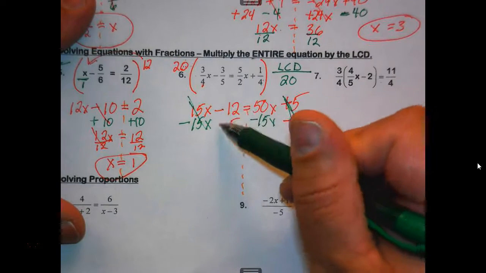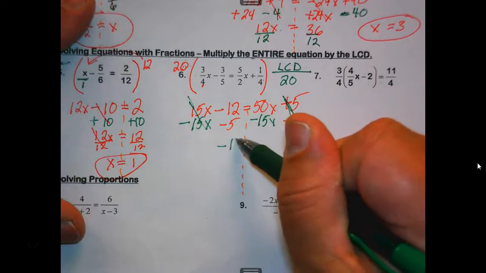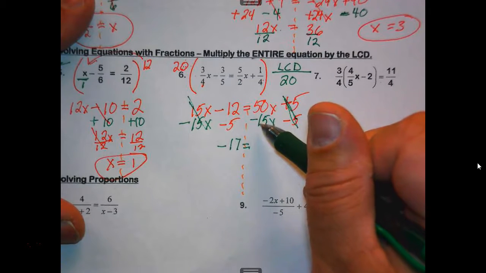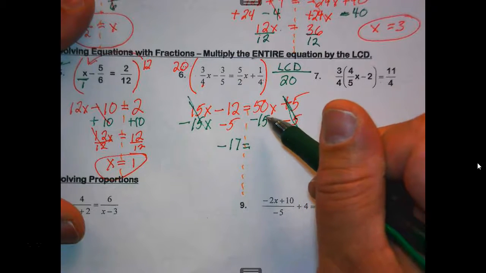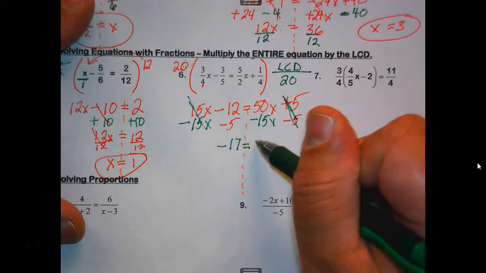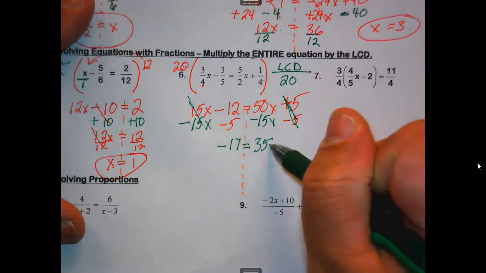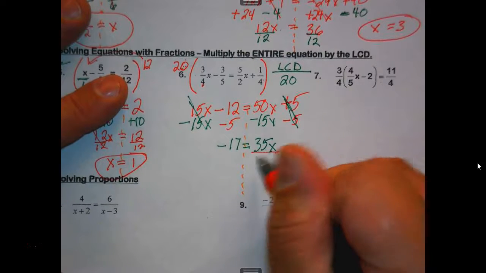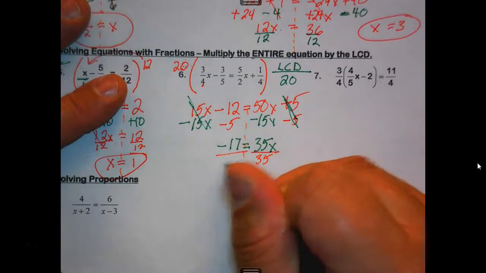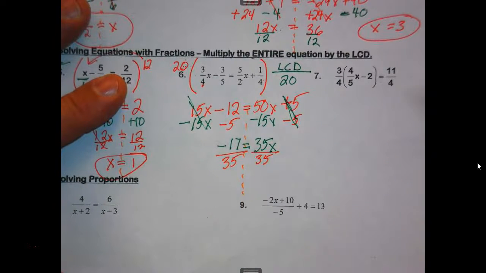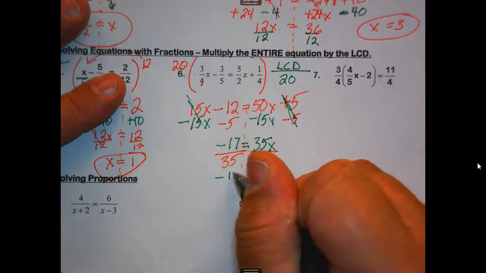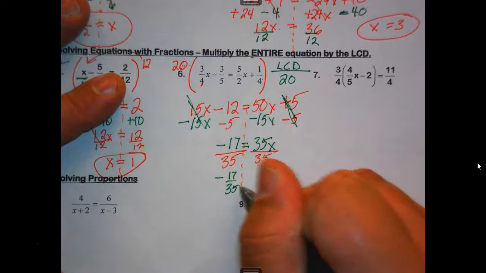So I get negative 12 minus 5, negative 17, 50x minus 15x, 35x. Divide both sides by the coefficient, 35, and I believe negative 17/35 is reduced.